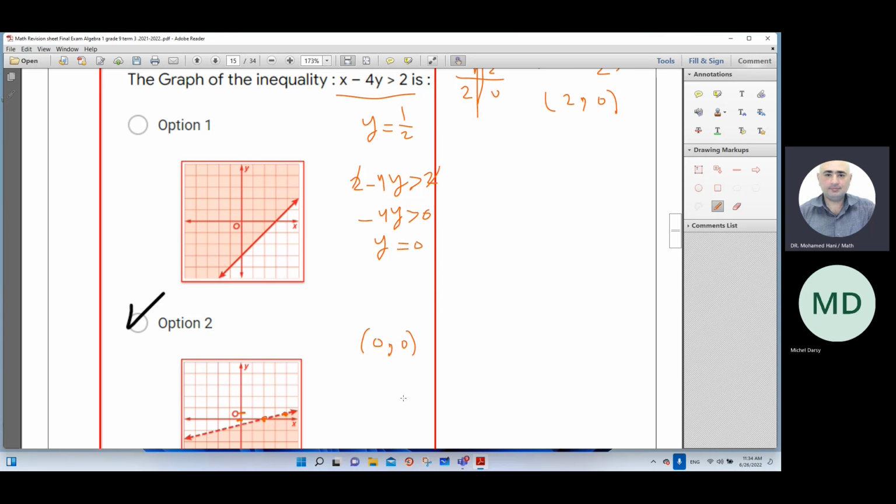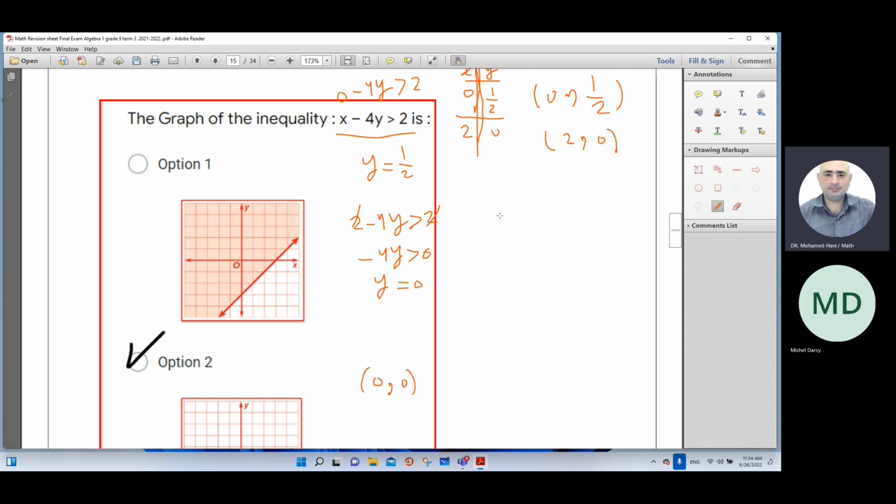So if you substitute 0, 0, put here 0 for the value of x, minus 4, the value of y also 0. Is it greater than 2? Minus 4 times 0 will be 0. Is 0 greater than 2? So this is a wrong inequality.